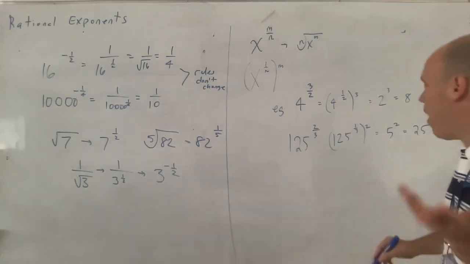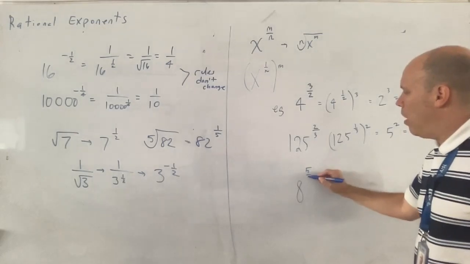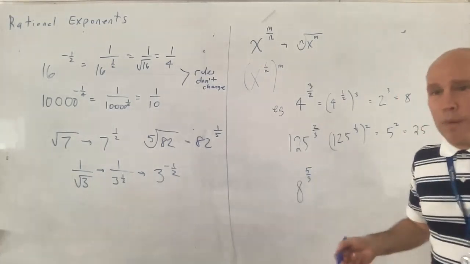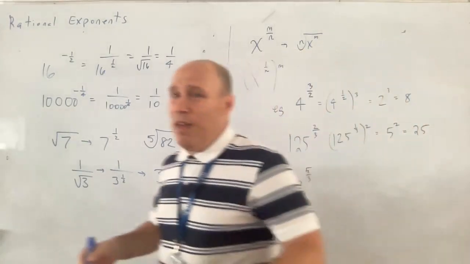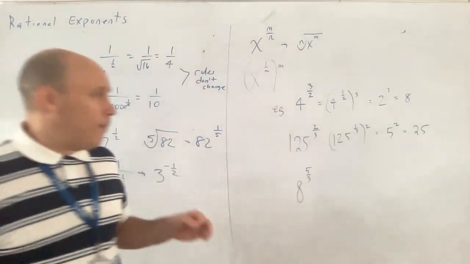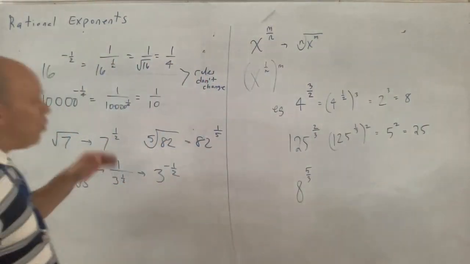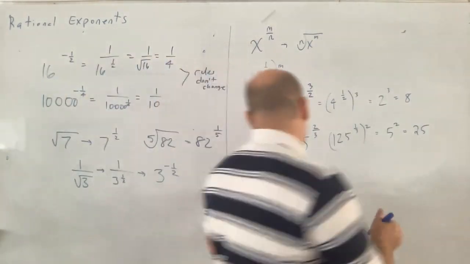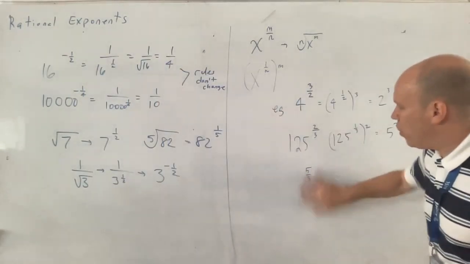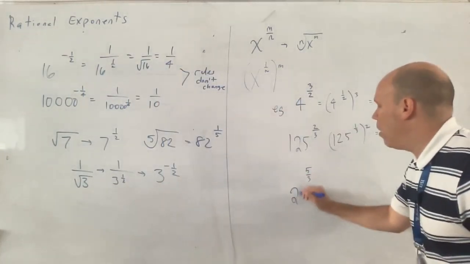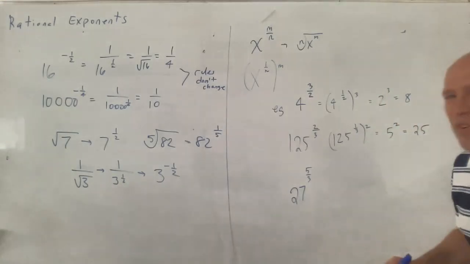How about 8 to the 5/3? That's kind of weird, but it's not. Let's just break it down and see what happens. Once again, you should start recognizing these numbers: the 4, the 125, the 8. You know what? Let me change this to 27 to the 5/3.